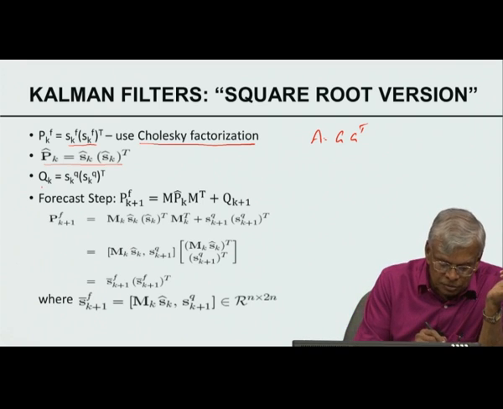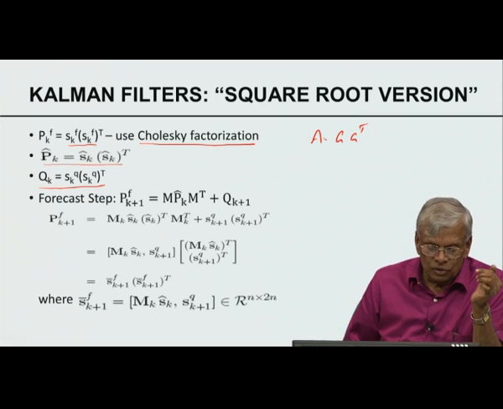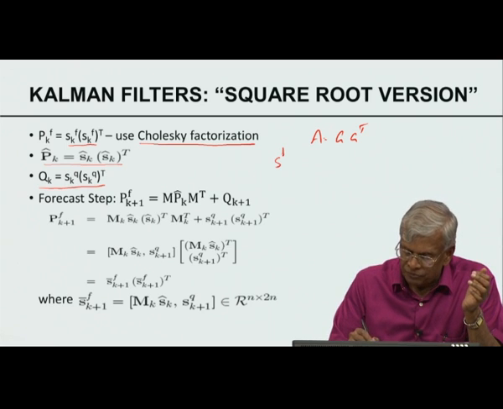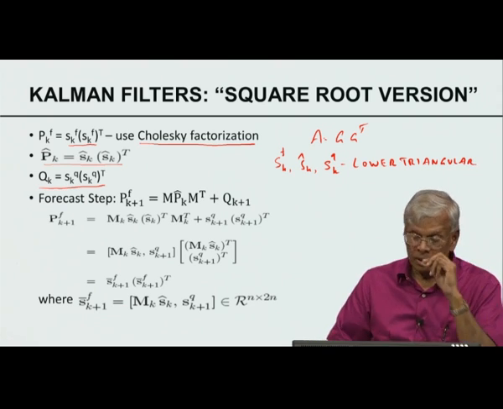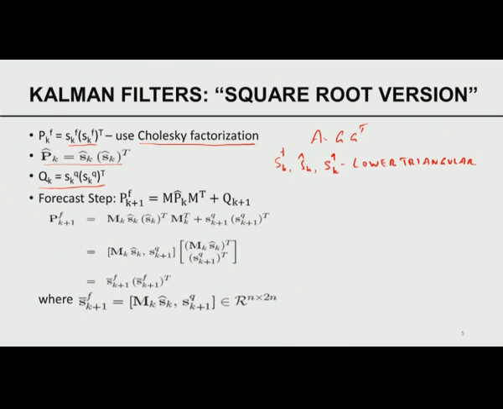I am also trying to get a square root factor for QK, which is SKQ times SKQ transpose. So in here SKF, SK hat and SKQ are all lower triangular matrices, and each is a lower triangular matrix times its transpose.